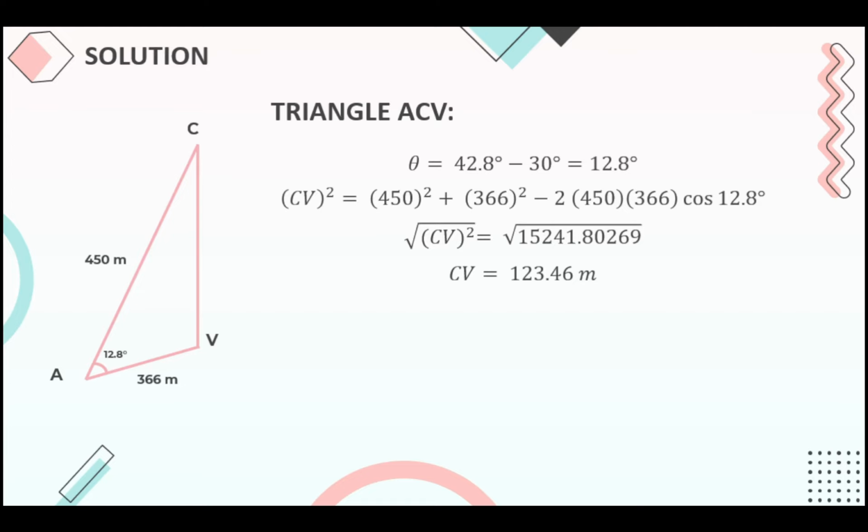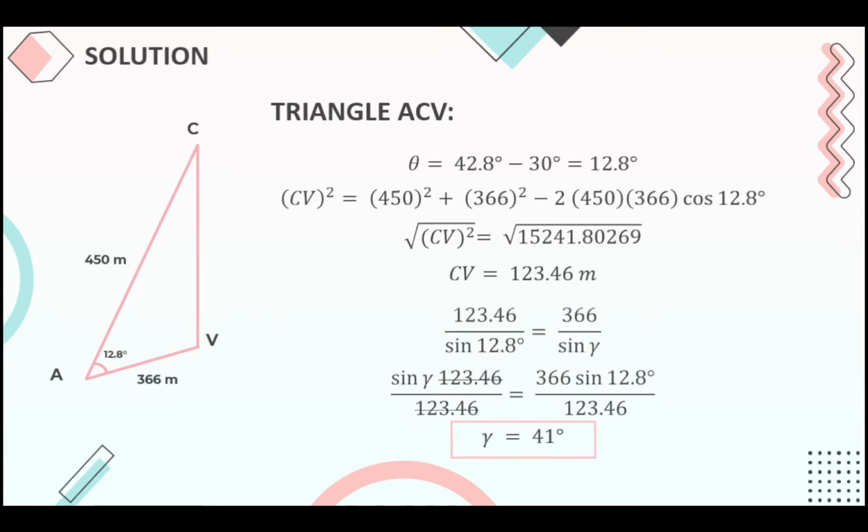Therefore, the distance of CP is 123.46 meters. Using the sine law, we have 123.46 over sine 12.8 degrees equals 366 over sine gamma. Sine gamma times 123.46 equals 366 sine 12.8 degrees. Divide both sides by 123.46, so the answer is 41 degrees.